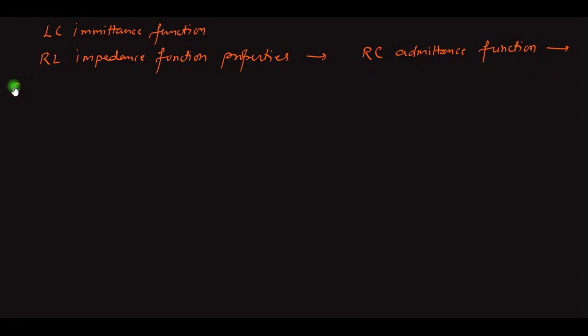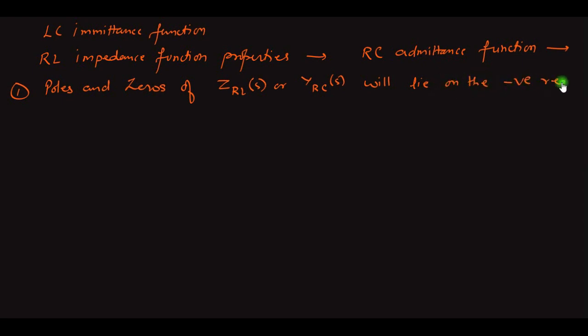And the first property is poles and zeros of RL impedance function. So I will write it like ZRL of S or RC admittance, so it will be YRC of S. The poles and zeros of ZRL or YRC will lie on the negative real axis.